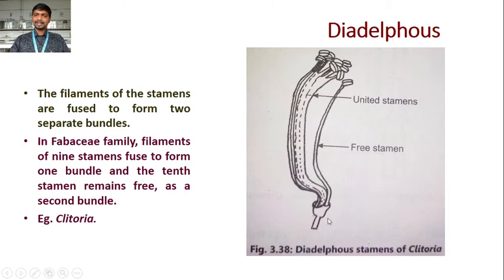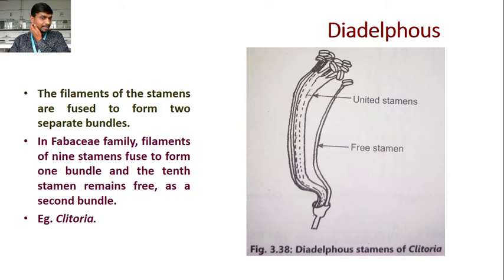It is found in the family Fabaceae, for example Clitoria. So in Clitoria there is a diadelphous condition. Di means two; adelphi means union of the filaments but the anthers are free. Here two bundles are seen, so the condition is diadelphous.